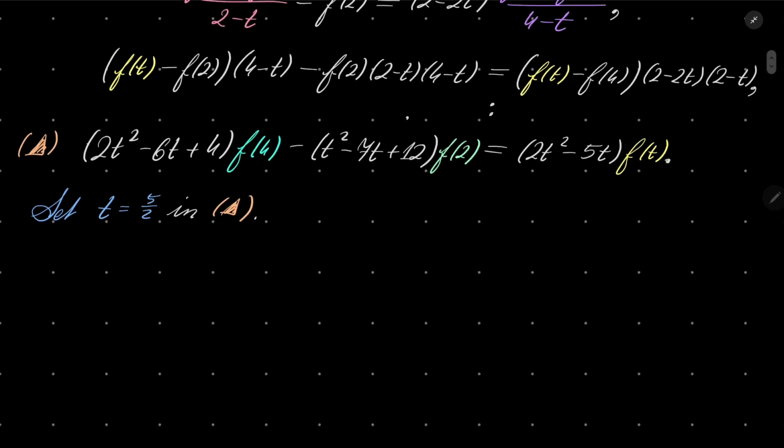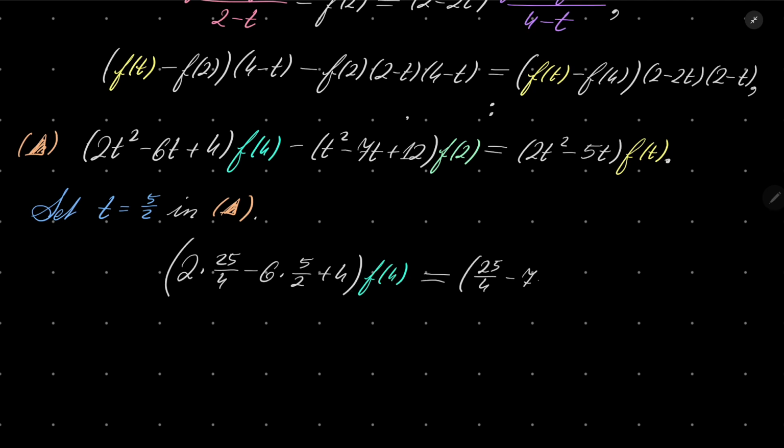We will have the following: (2 · 25/4 − 6 · 5/2 + 4) f(4) should actually equal (25/4 − 7 · 5/2 + 12) f(2), because the right-hand side disappears.